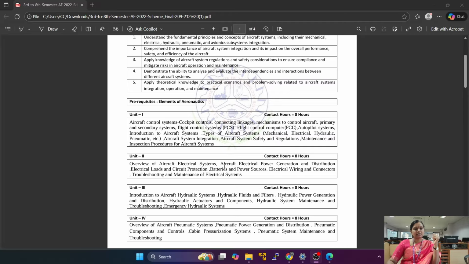The second unit deals with the aircraft electrical systems. Here we concentrate on why we had to replace the mechanical systems, as they occupied most of the space and were adding to the weight of the aircraft.